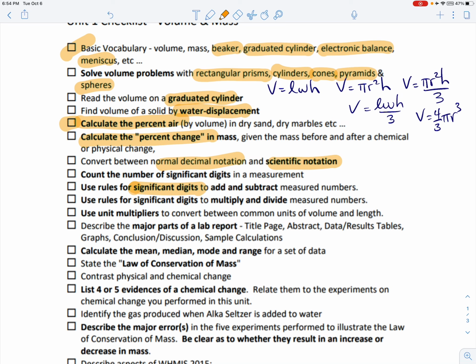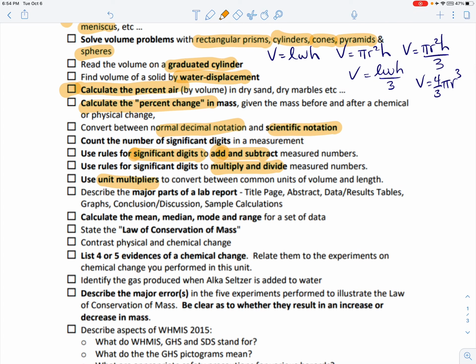We're going to use them all the time. Be able to count the number of significant digits in a measurement, know how to round off when you're adding or subtracting measured numbers in your answer, and know how to also round off the answer when you're multiplying and dividing. There are different rules for adding, subtracting than there are for multiplying and dividing.